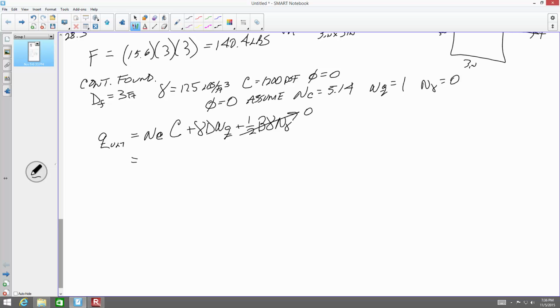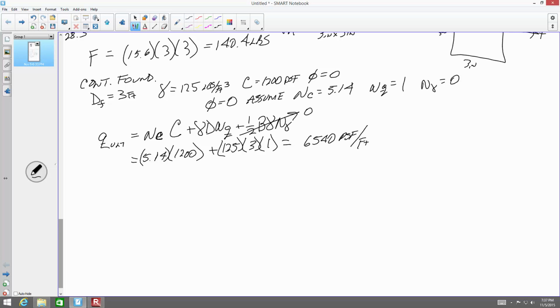Plug in your values. 5.14 times the cohesion, 1200, plus the 125 times D, which is D sub f, which is 3, times N sub q, which is 1. That's going to give you 6540 PSF.